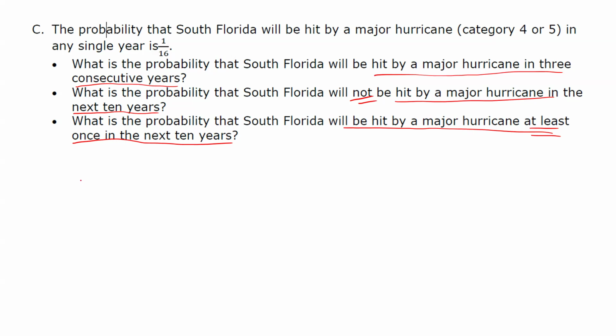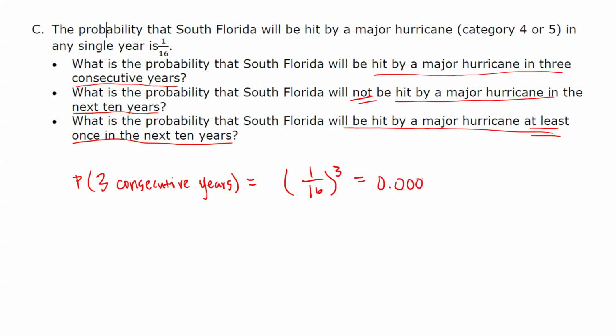All right, for the first one, we want the probability of being hit 3 consecutive years. So we should have done 1/16 to the third and gotten 0.000244. For the second, we want the probability that it will not be hit for the next 10 years. So the probability of no hit is going to be the complement of it being hit.